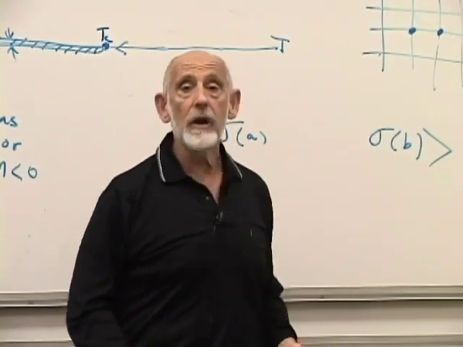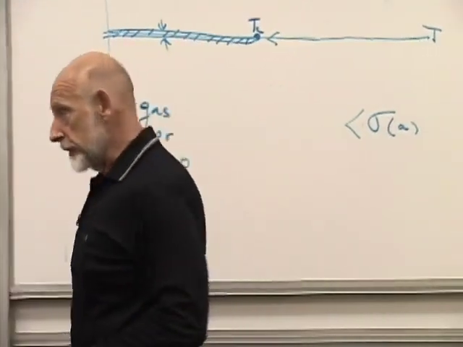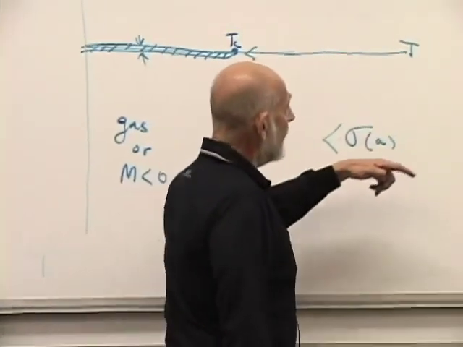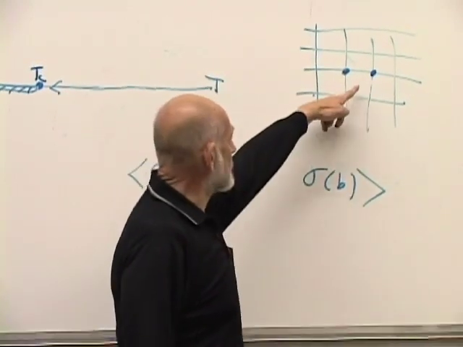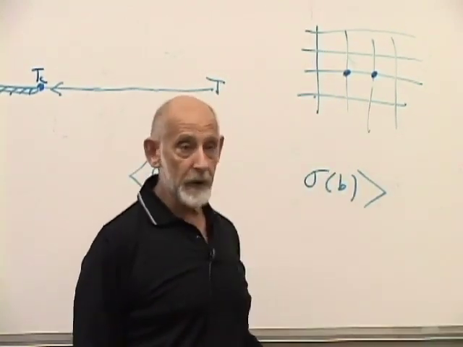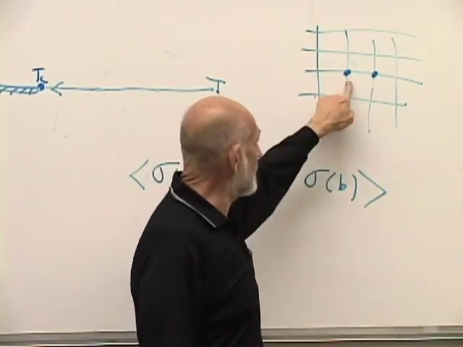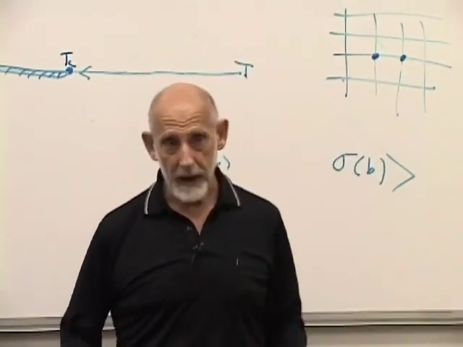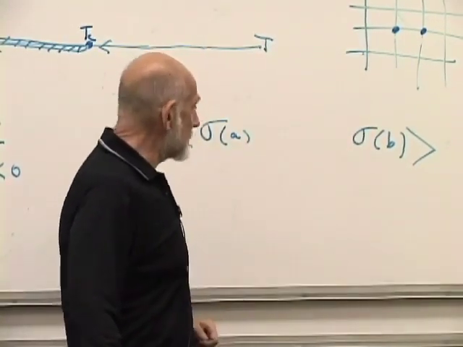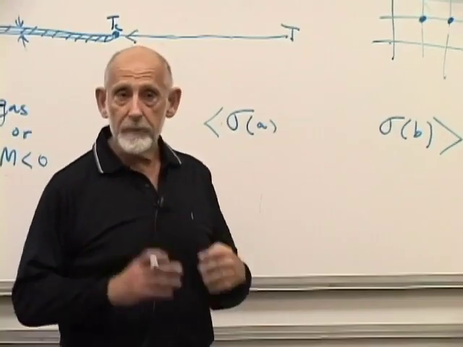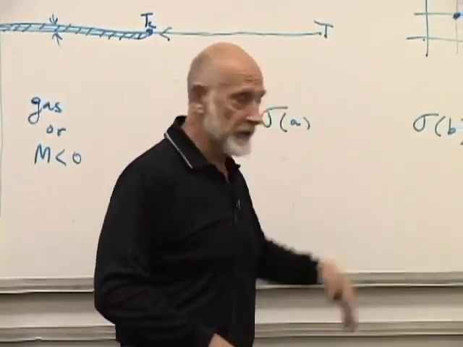What happens as you start to lower the temperature? As you start to lower the temperature, if this spin is up, it will bias this spin to also be up, because the energy will be lowered if they're parallel. If the spin is down, it will also bias it. So what starts to happen is that sigma times sigma starts to not be 0 anymore, and in fact is usually positive.